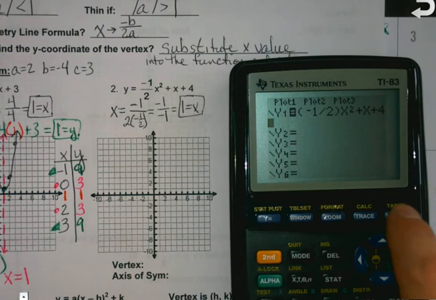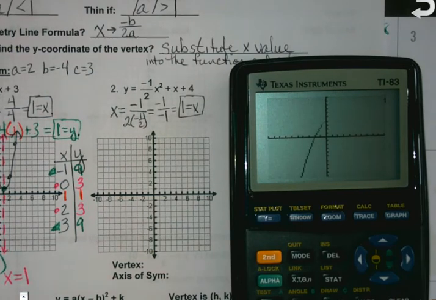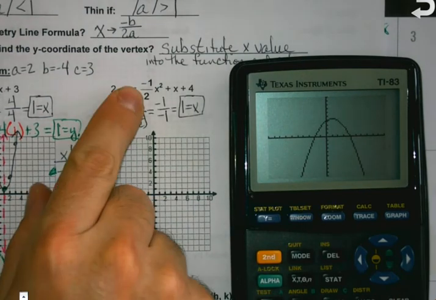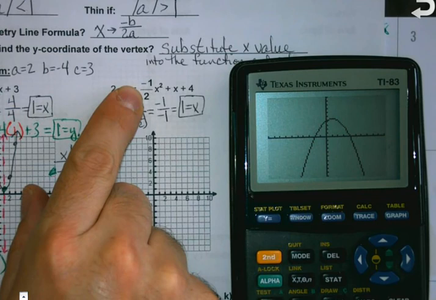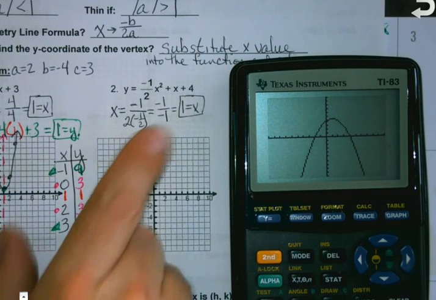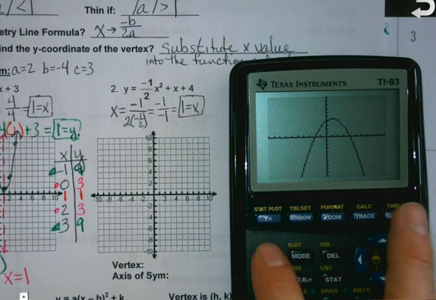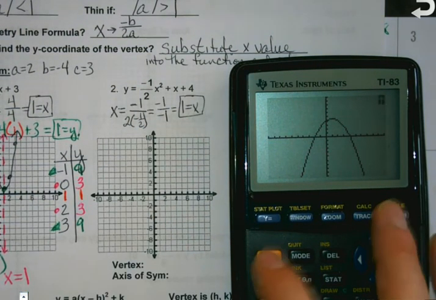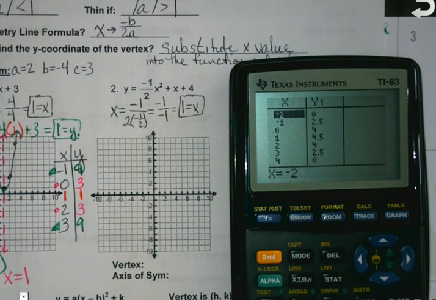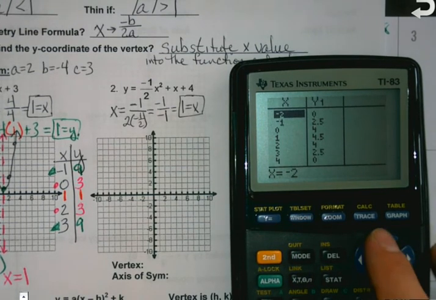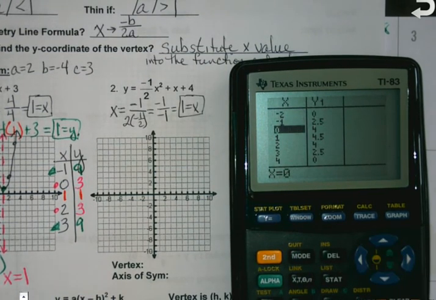So once I get that, now Harty, this is going to be interesting. I know it should open down because I have a negative value in front of x squared. But how does just having this x value help me? Well, let me show you. If I hit second and graph again to get my table up, and I get 1 centered up in the middle of my chart, check it out.